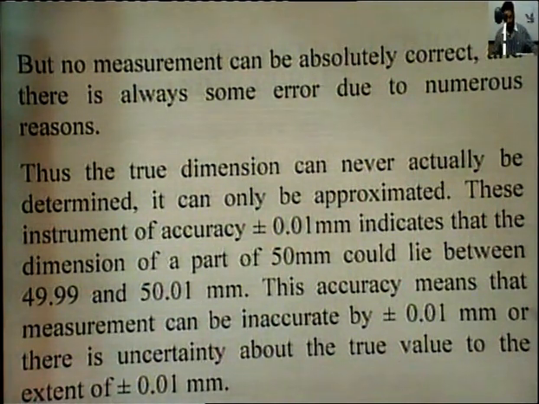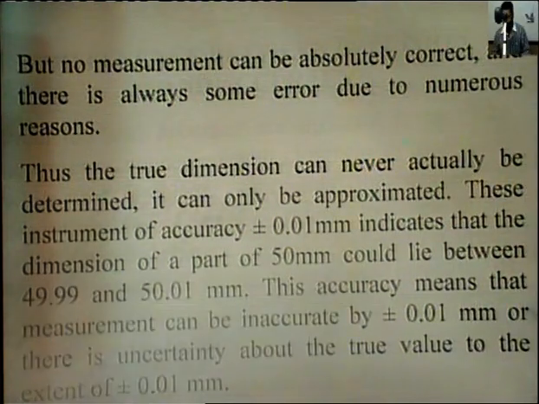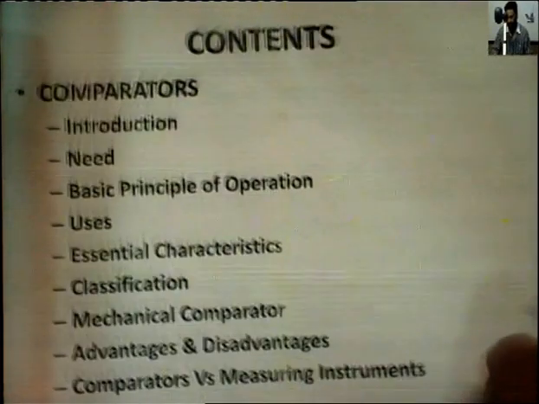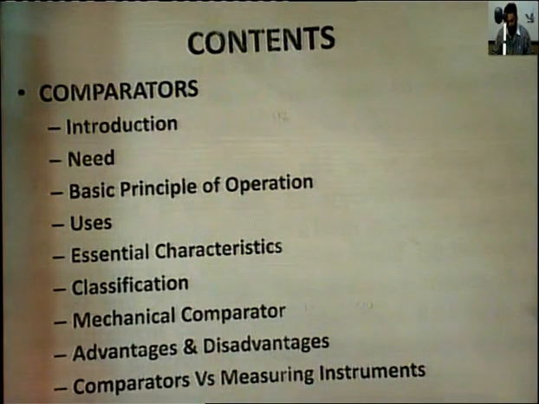So students, today I have covered the topics which are basically related to comparators. First of all, the introduction to comparators, then the need of comparators. What is the need of comparators? The basic principle of operation.